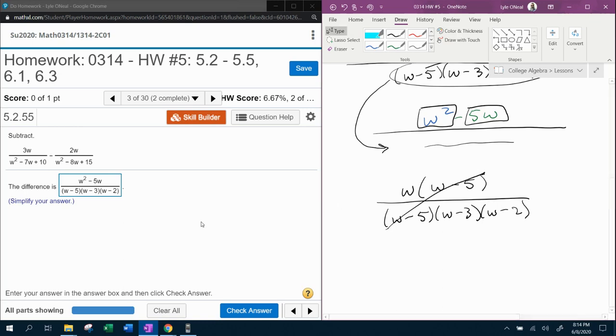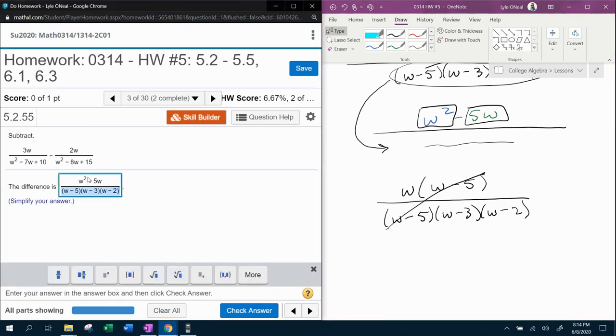That means that my answer over here was not simplified completely. And so that's what I need to fix, okay? So we're going to go back, and take out the W minus 5 and the W and the squared. All right, so now let's see. Whoops, I almost screwed it up again. That should be just W.